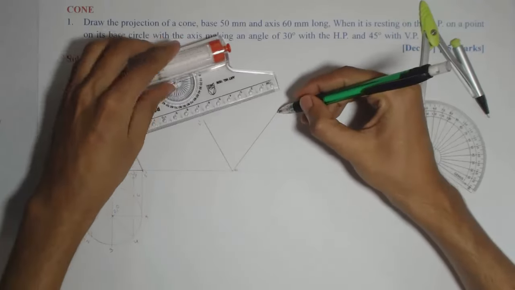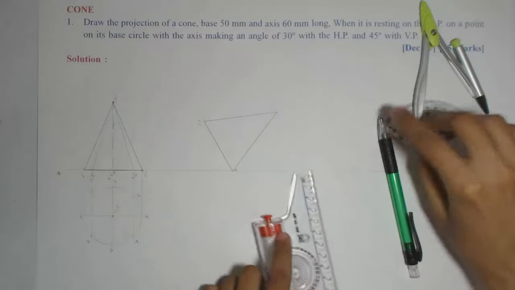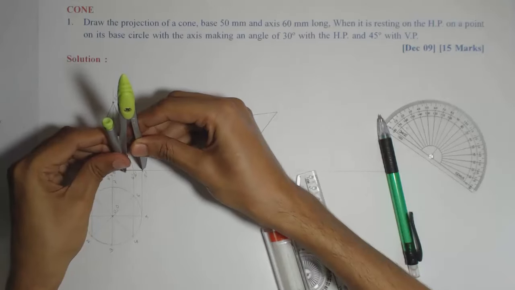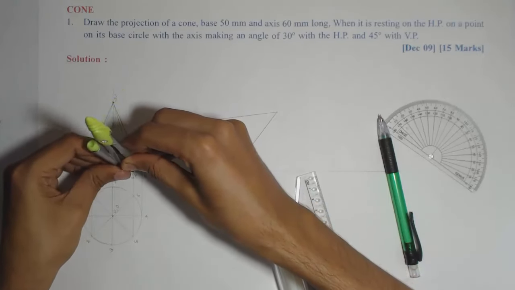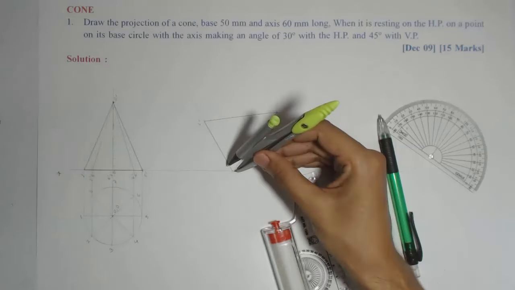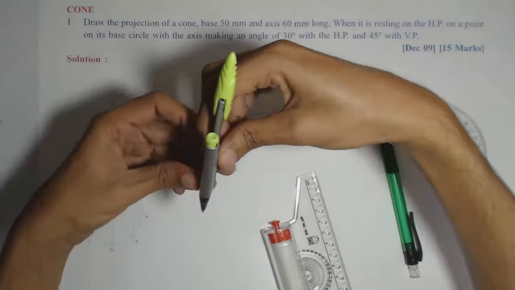Now inside the triangle we need to mark imaginary generators and the axis. So we'll mark these divisions in between by taking the distance in compass. So 5 dash to 4 dash 6 dash will be same as 1 dash to 2 dash 8 dash. So I will take the same distance from both the points and will mark the arc.